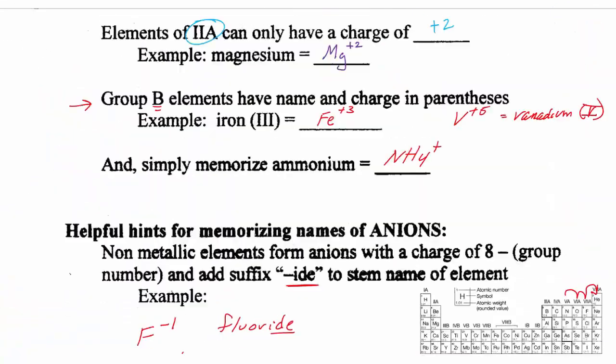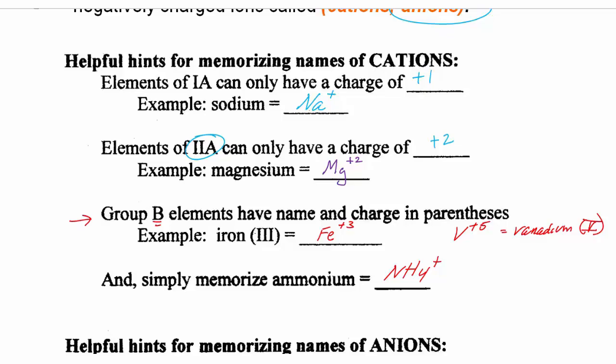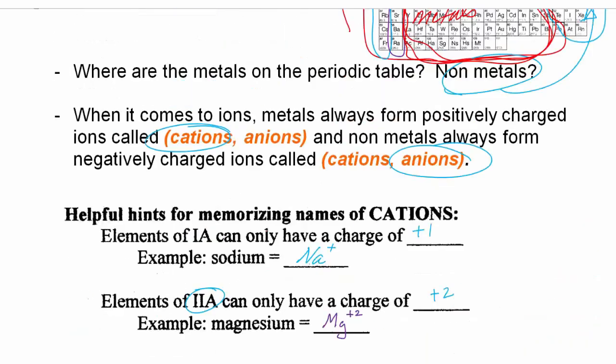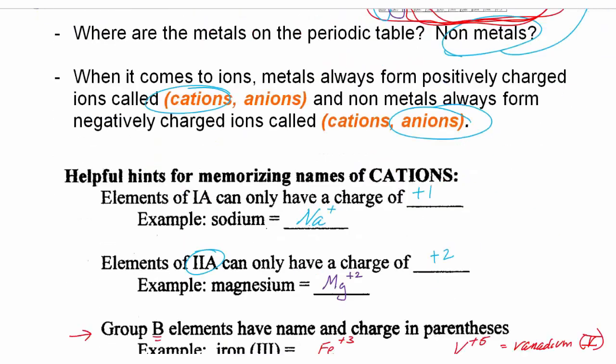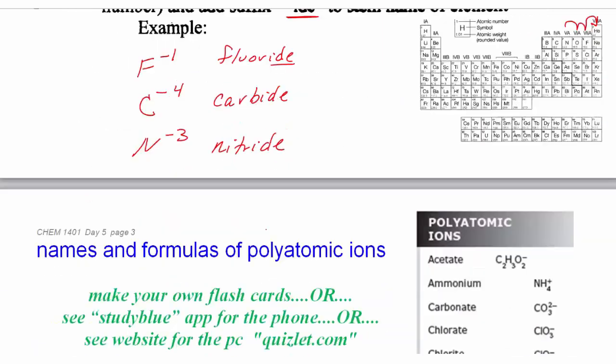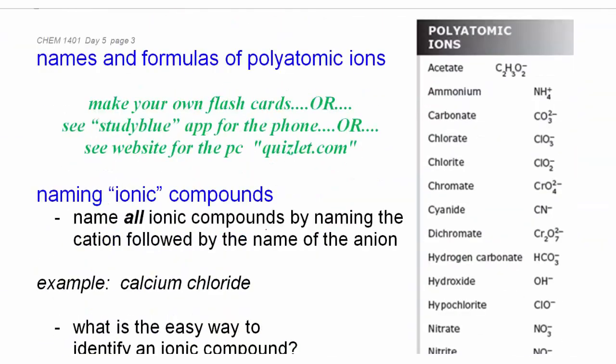So right now, all we've talked about are ions that are single atom, or anions that are single atom. But life isn't that simple. So we have these polyatomic ions, and they're all in this table. Know their names and formulas.